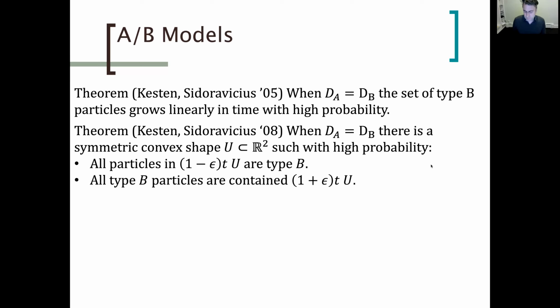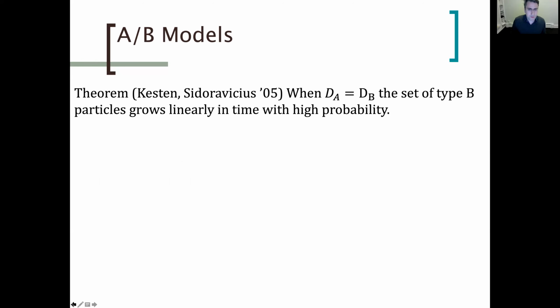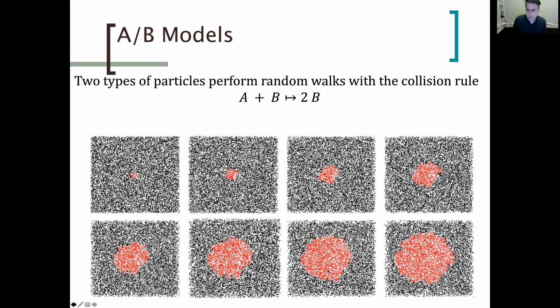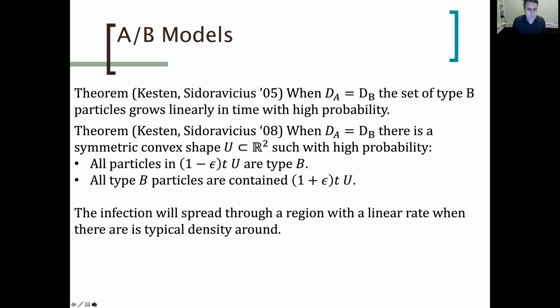So this shape that we see here is basically tending to some deterministic shape. And this is something that we'd expect in all of these models.